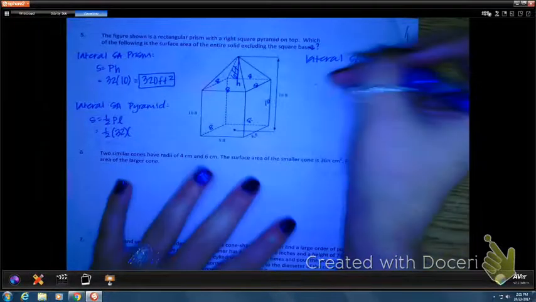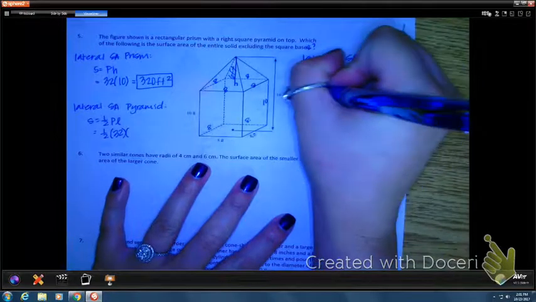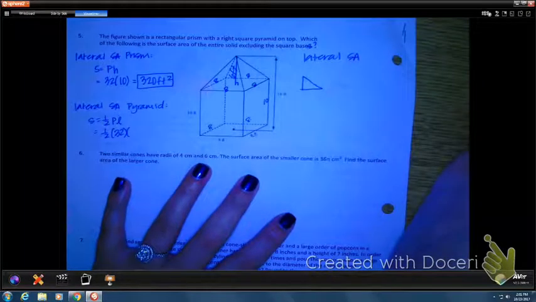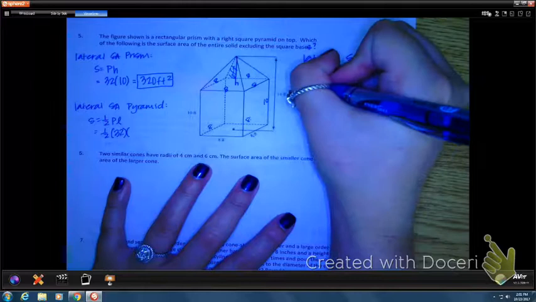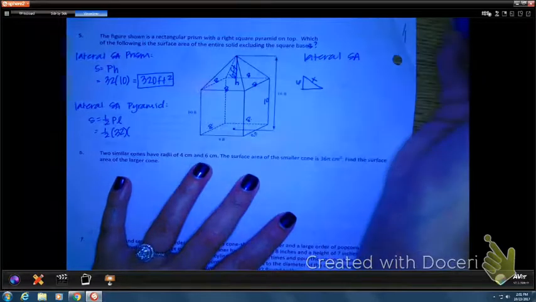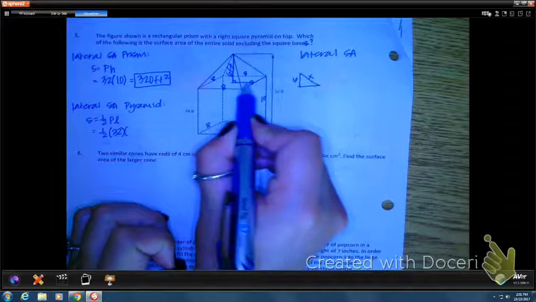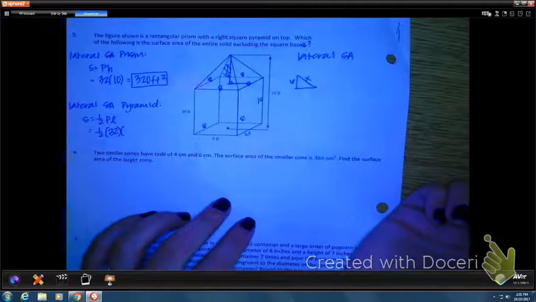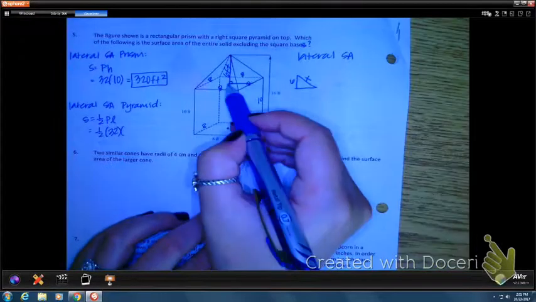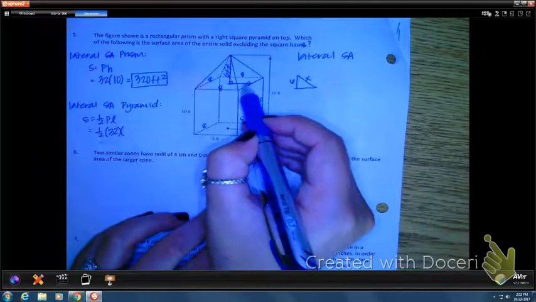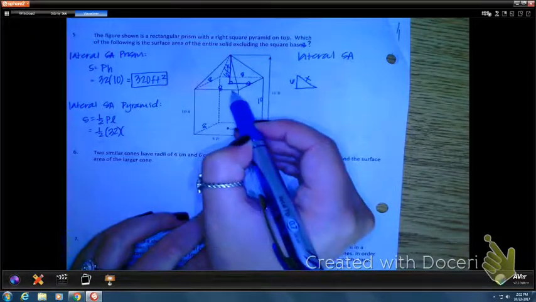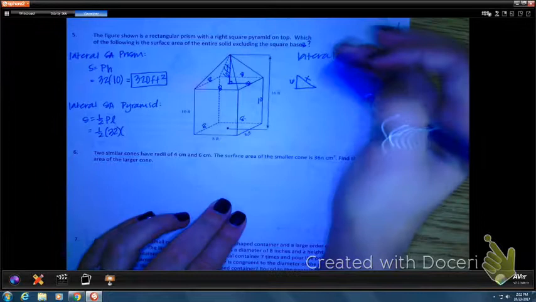So again, if I pull apart my right triangle, I have a height of 6. This is my unknown. What do I know about the length of this leg? Hopefully you know by now that the length of this leg is half of the length of your base. So half of 8, which is 4.